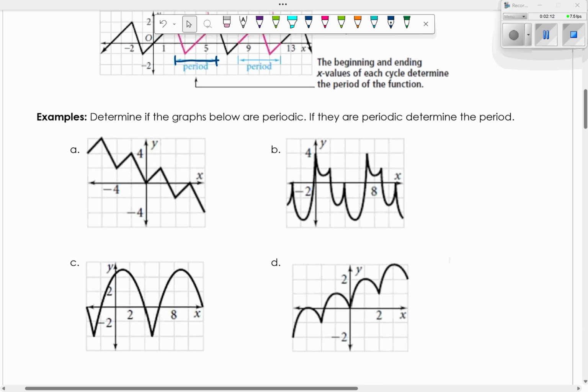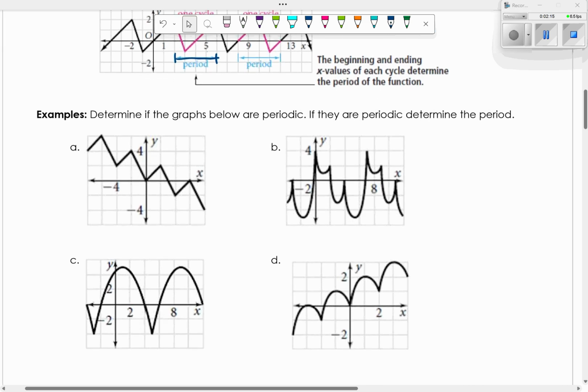So it says determine if the graphs below are periodic. If they are periodic, determine the period. So remember, we have to have a horizontal distance that we're repeating. So if I look at this graph here, it's making this kind of shape right here, right? So if I take that shape, it looks like it moves down. Maybe not that shape.